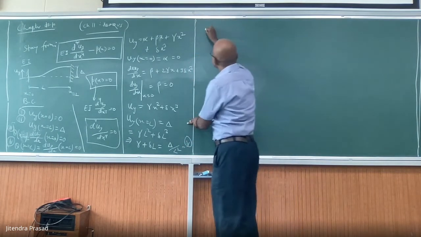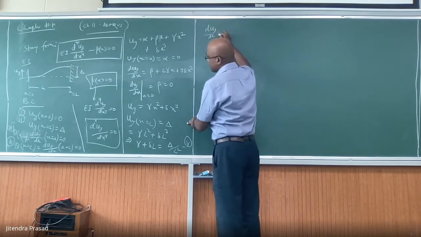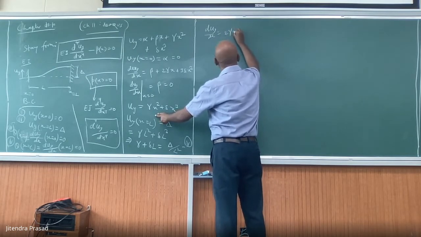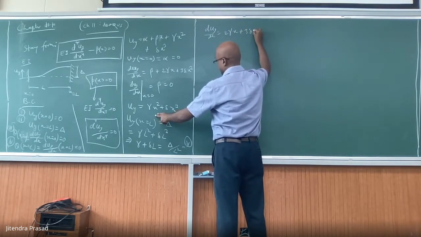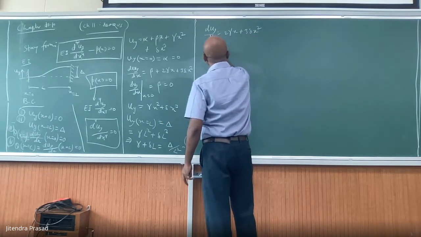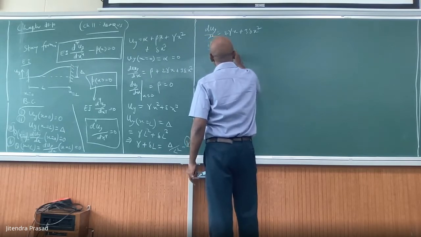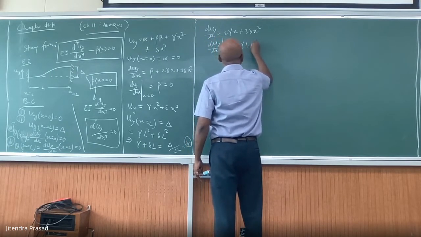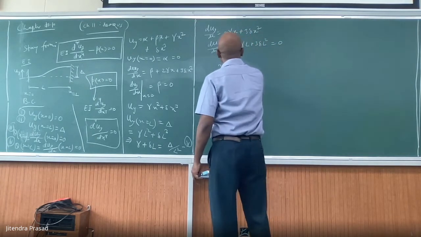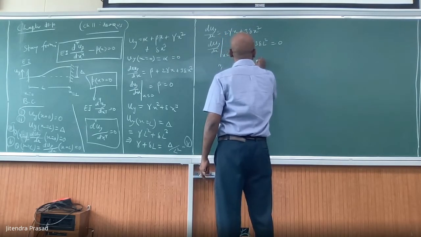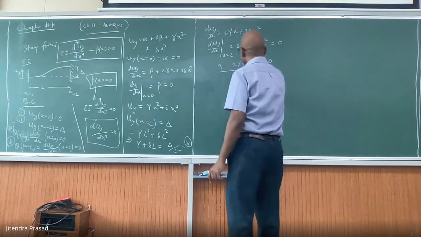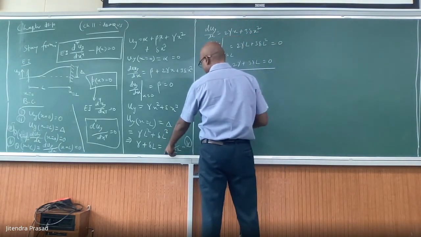and similarly duy over dx will be equal to, based on this, 2 gamma x plus 3 delta x square, and duy over dx at x equal to L is equal to 2 gamma L plus 3 delta L square, which is equal to 0, or 2 gamma plus 3 delta L is equal to 0. So you have this equation and you have this equation.